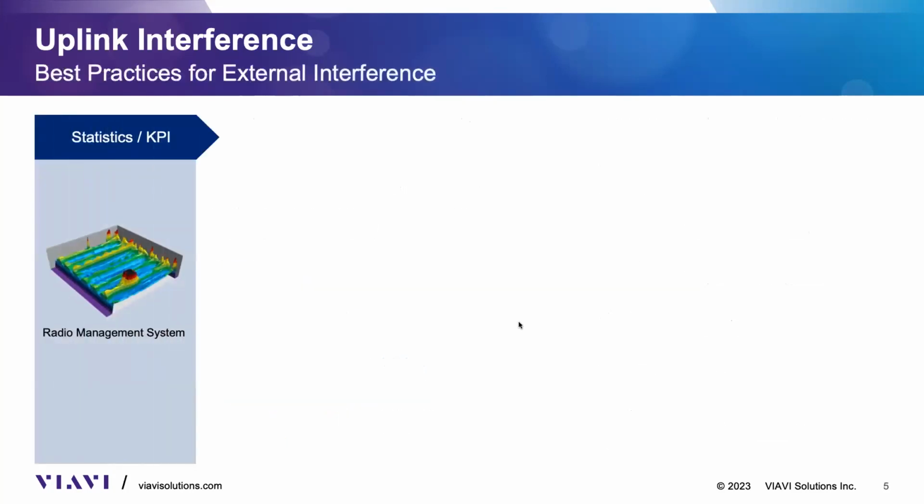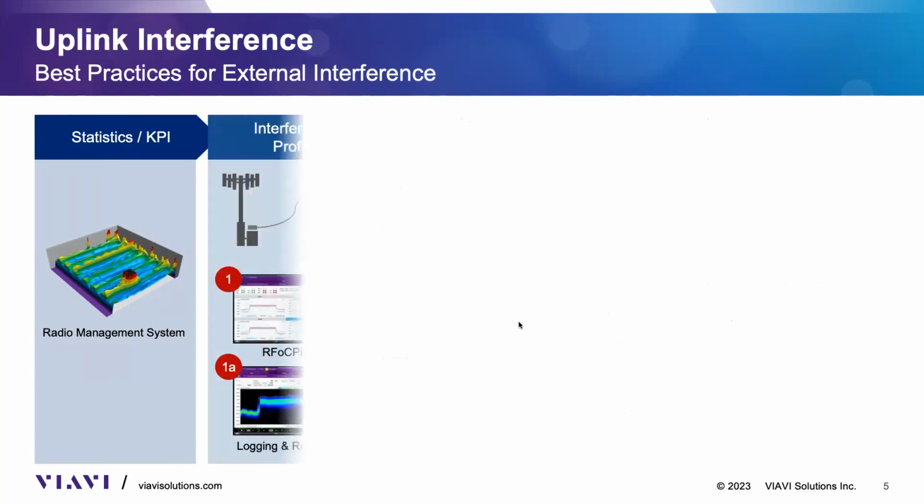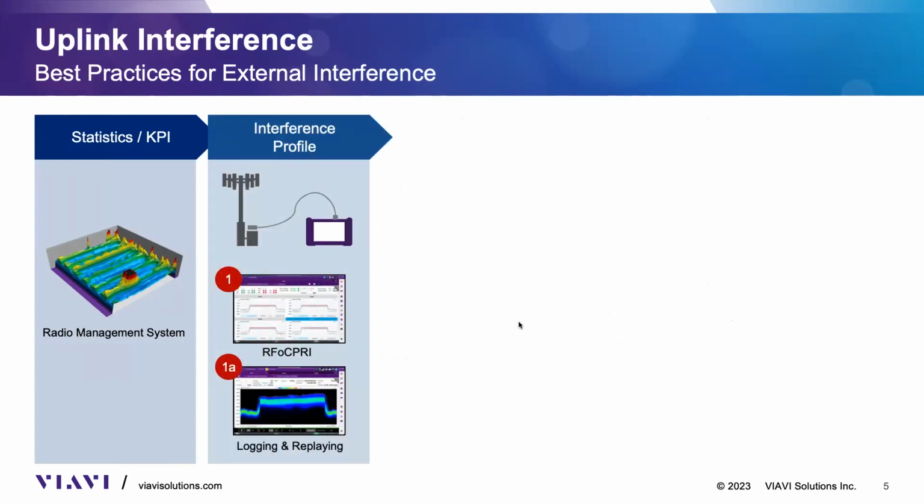Right. So what's the process that we typically follow for an external interference? We receive a key performance indicator, a statistic or a metric from the management system. Then we try to assess the interference by characterizing it, and by that I mean how that interference behaves.